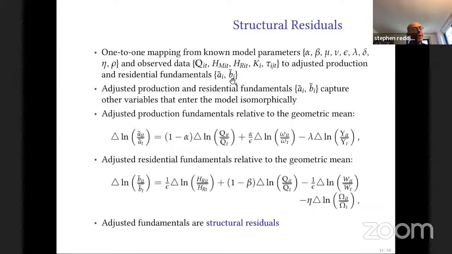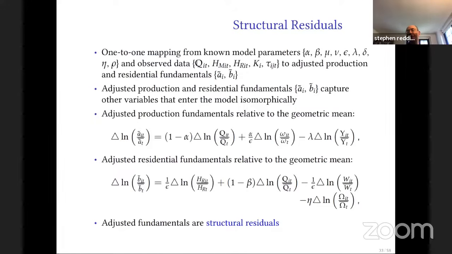And in particular, the model has a very attractive property, which is that those exogenous components of productivity and amenities are one-to-one functions of the things we observe in the data, namely floor prices, workplace employment, residence employment, geographical land area and travel times, and the parameters of the model. And so if I tell you the parameters of the model and you see the observed data, you can just exactly invert the model to recover the implied values of these fundamentals that exactly rationalize the observed data as an equilibrium of the model.